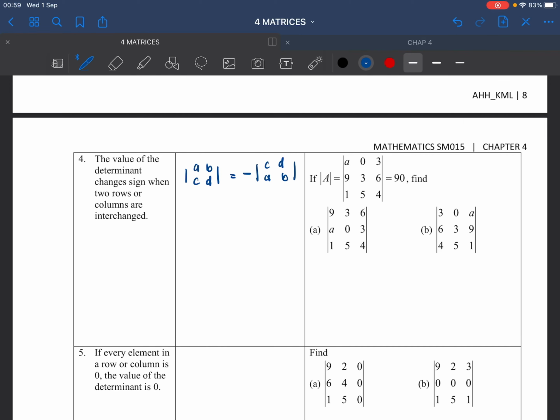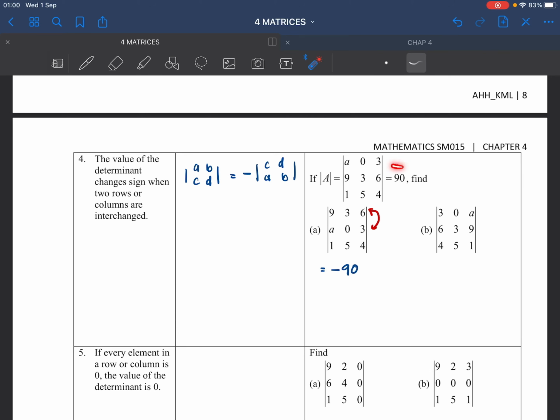Let's see, if we have determinant of matrix A equal to 90, what you see here, 154 is the same. The difference is in row 1 and row 2. The question interchanges row 1 and row 2, 103 and 936. So we know that this should be negative. Okay, negative 90. We have to change the sign of the determinant.